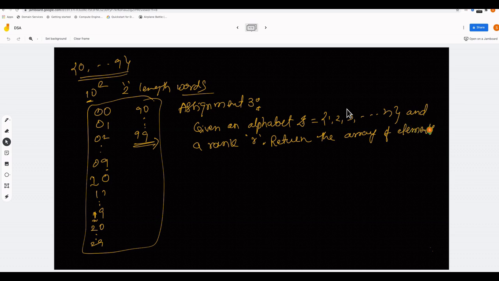Return the array of elements which is the permutation of that rank. I will define what rank is, which is the permutation of that rank.